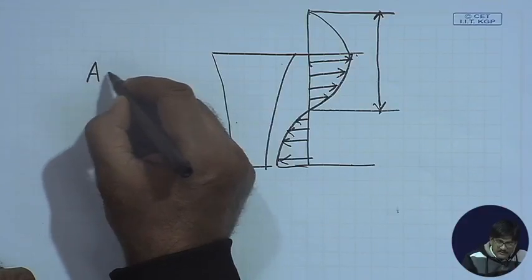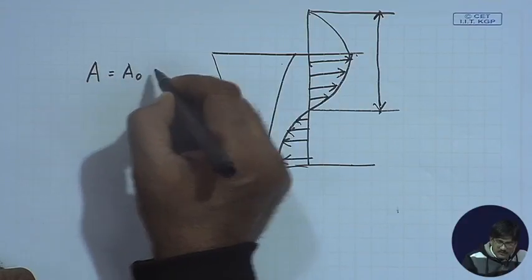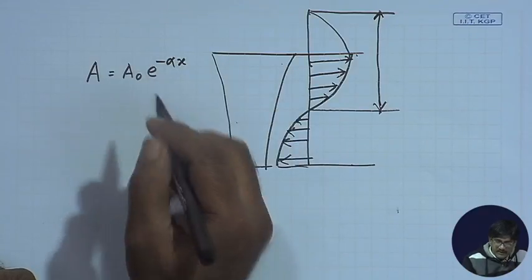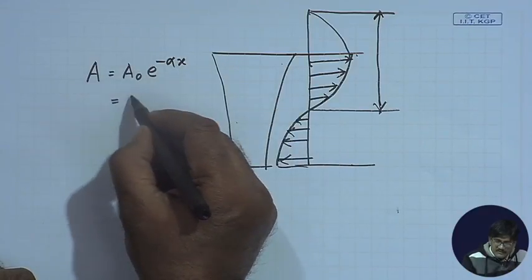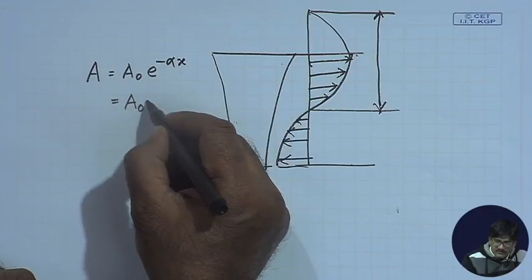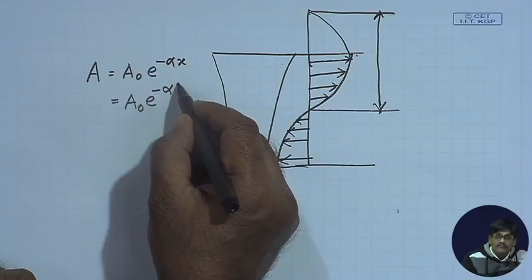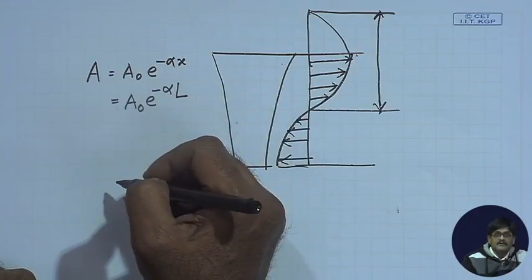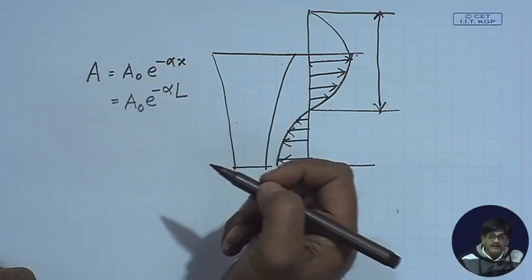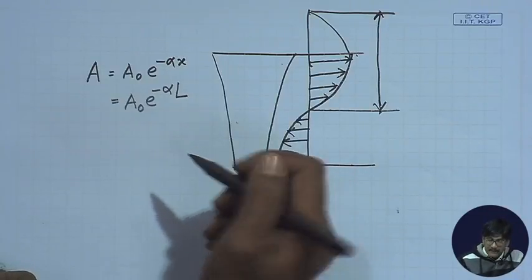We know A is equal to A0 into e to the power minus alpha x, and in our case the final cross section is equal to A0 e to the power minus alpha L, where L is the length of the horn. How much is it? I don't know. I have to find out in order to design it.